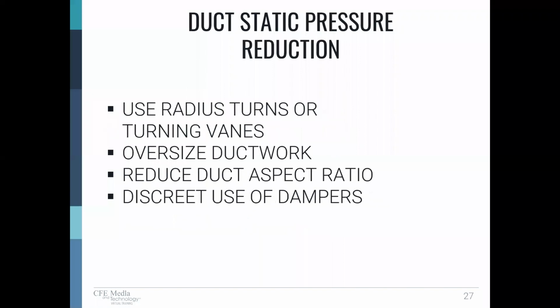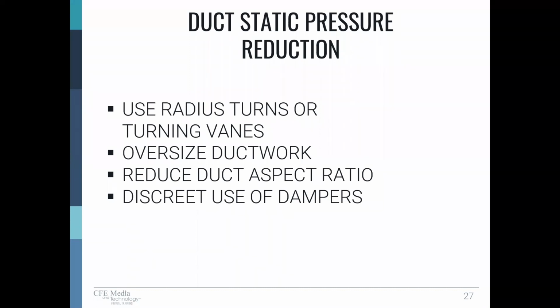Okay, the first thing we're going to talk about on reduction of static pressure in ductwork is, instead of using 90-degree turns, you would use radius turns, or if you do have a square turn, you can put in turning vanes within the turn on the ductwork.